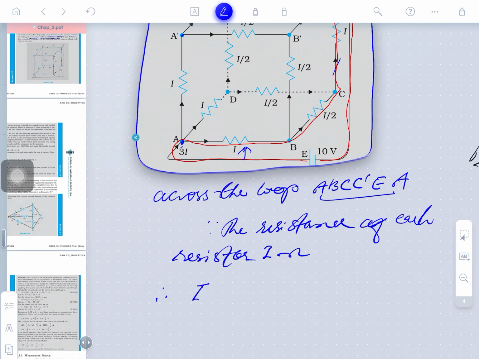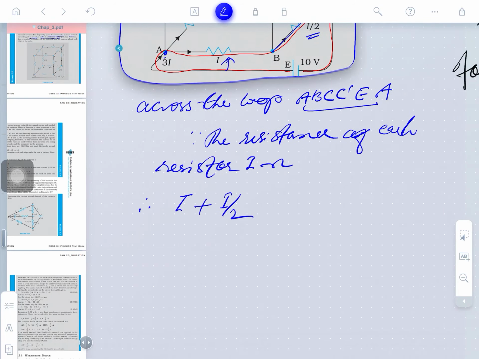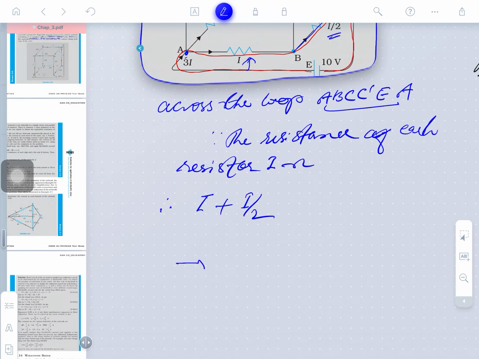Now again, we are traveling from B to C with current I by 2, so it is I by 2. One important thing: we are keeping the direction in mind. If current is flowing in this direction and you are traveling in the same direction, the IR drop is taken as negative.